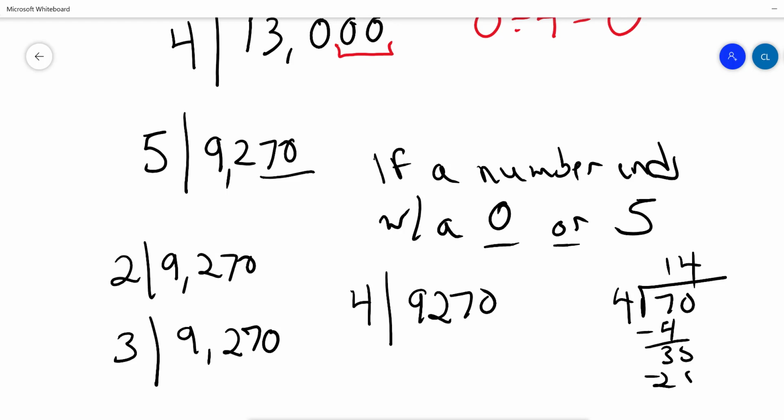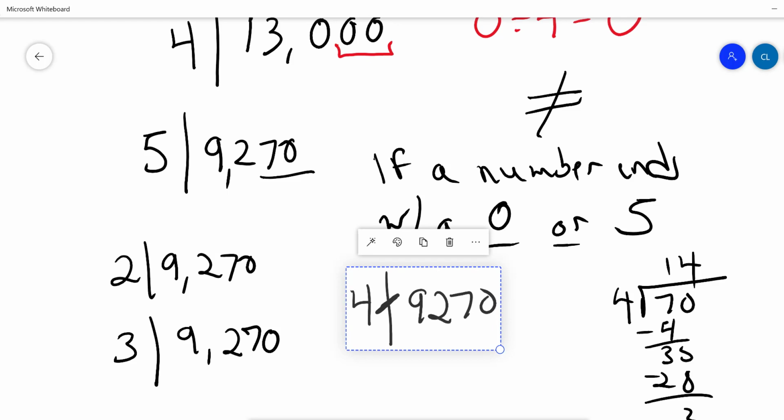And we have a remainder. So 4 does not. And just like we use a symbol for not equals, we draw a diagonal slash through it. We do the same sort of thing here. This symbol means 4 does not divide 9,270.